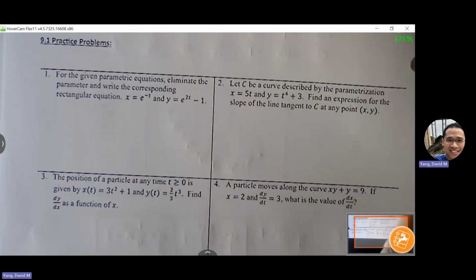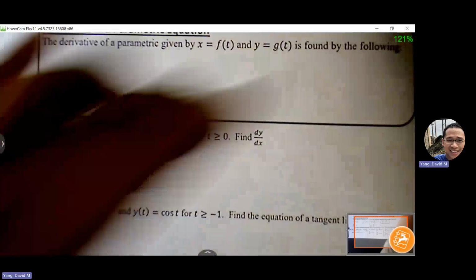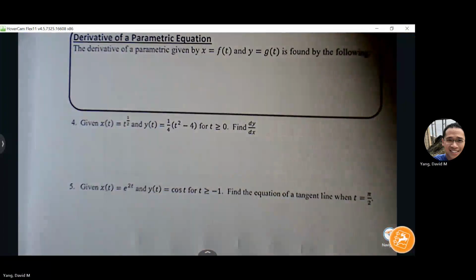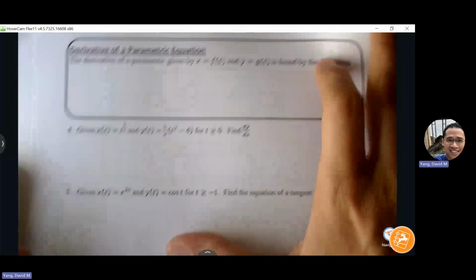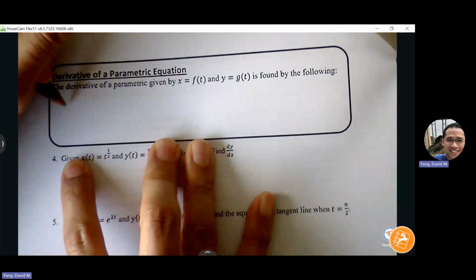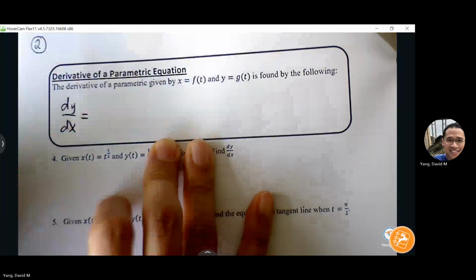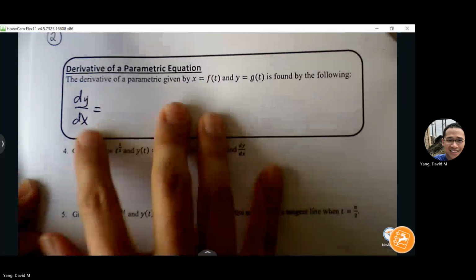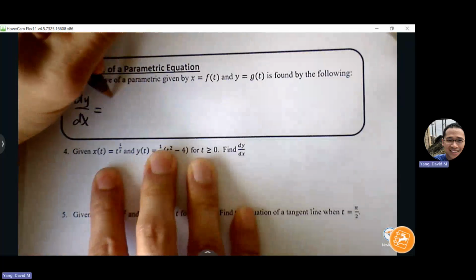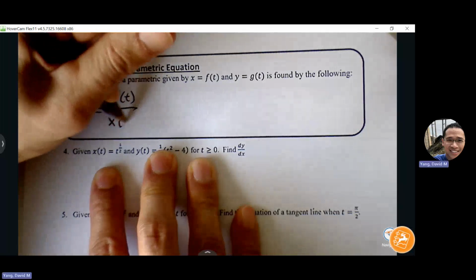Okay, so if we have something that is in parametric form, we can get the derivative in this way. If I want to find dy dx, that's basically y prime divided by x prime of t.